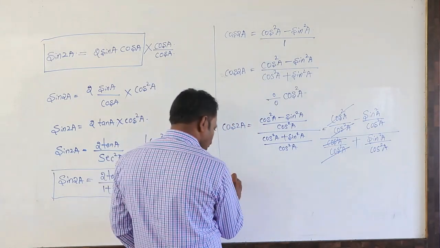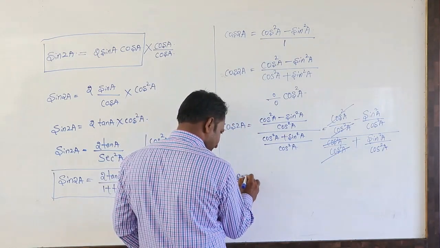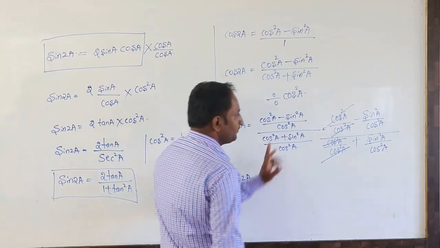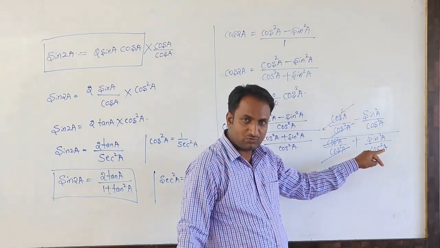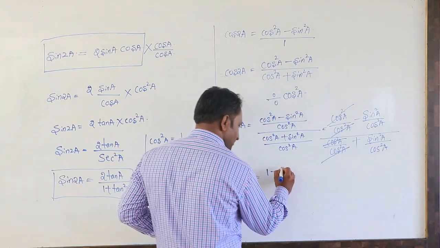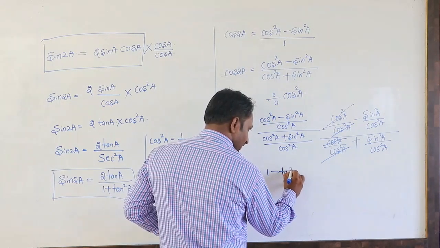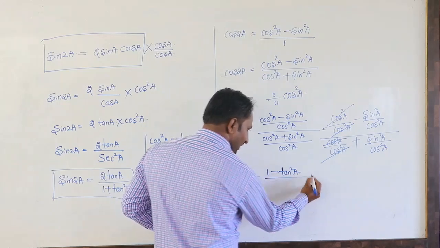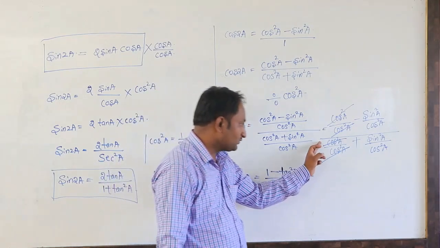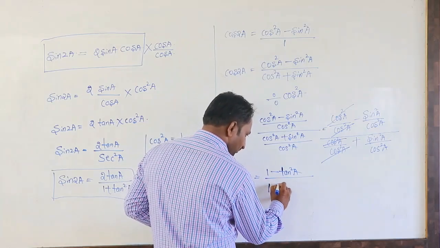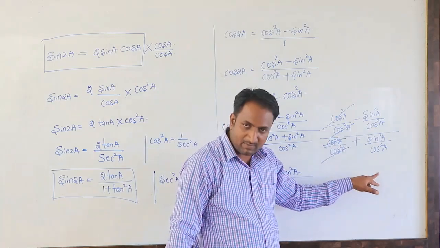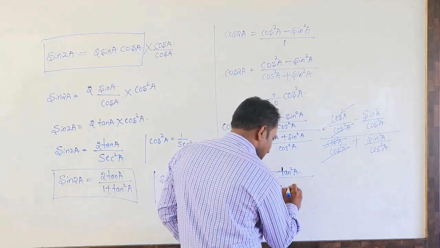That implies cos of 2a is equal to 1 minus sin square a divided by cos square a, which is tan square a, so 1 minus tan square a, whole divided by 1 plus sin square a divided by cos square a, which is tan square a.